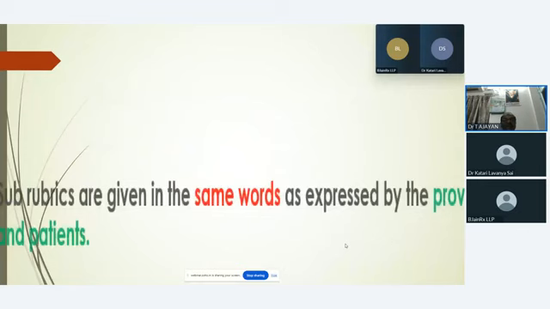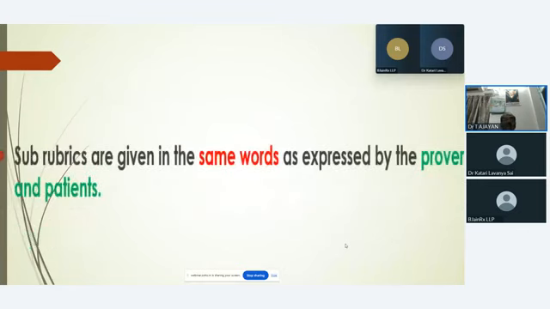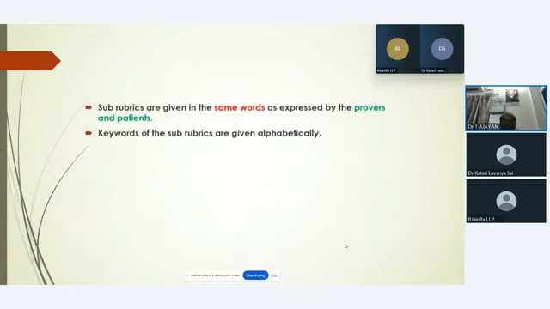Then rubrics are given in the same words as expressed by the prover and patient. This is the main advantage of the Knerr Repertory. All the symptoms are prover symptoms. The words the prover says are used in the repertory, the same words. What is the advantage? The same words we see in a particular patient, and on that basis we are able to select the homeopathic medicine.